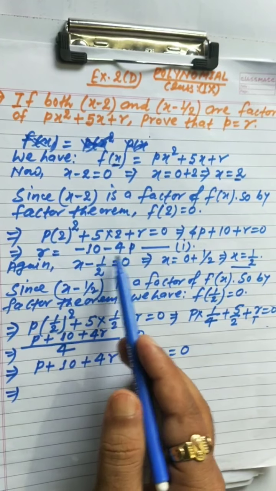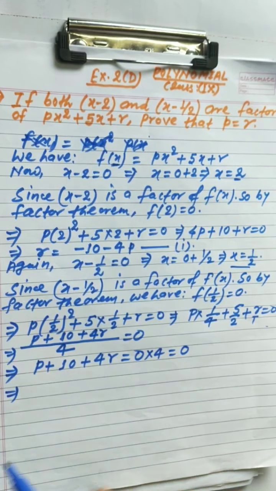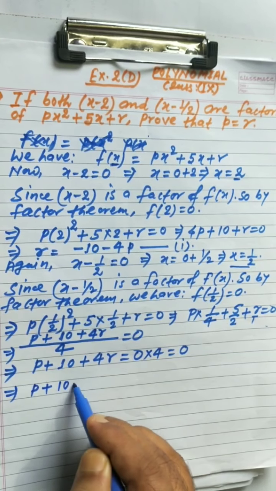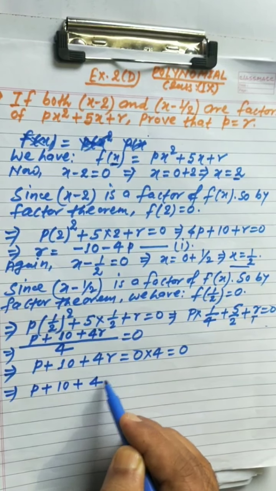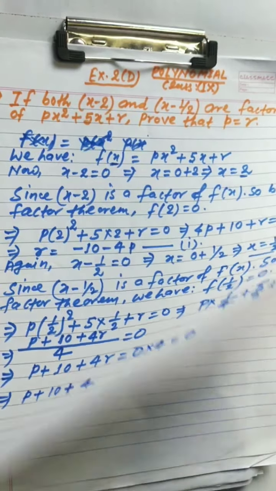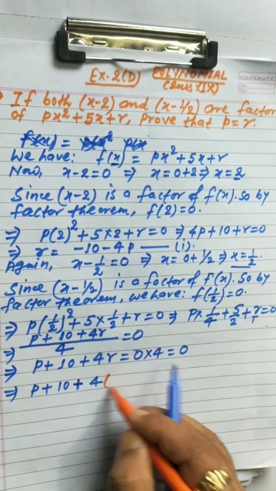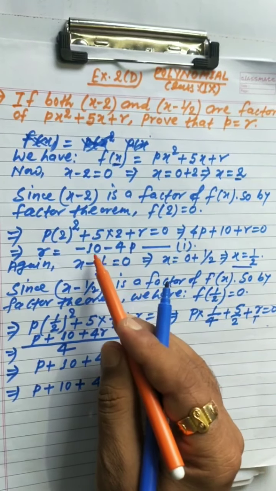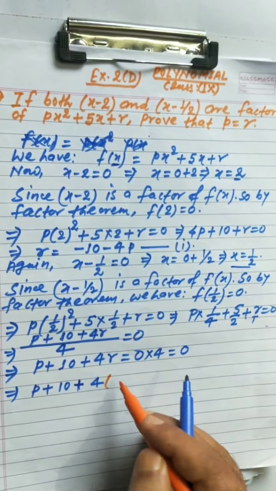Now we have the value of r in equation first. So put the value of r from equation first in this equation. p plus 10 plus 4 multiplied by minus 10 minus 4p.